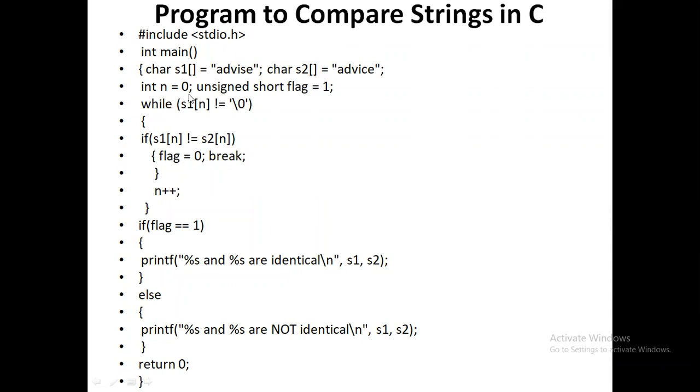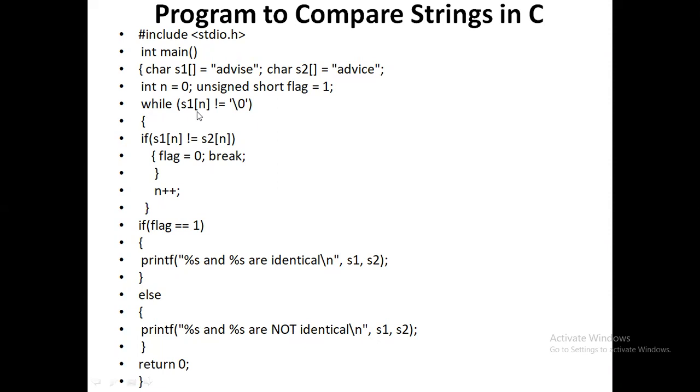Initially n is equal to 0. I will be iterating until the end of the string is encountered or at the character where the mismatch comes.